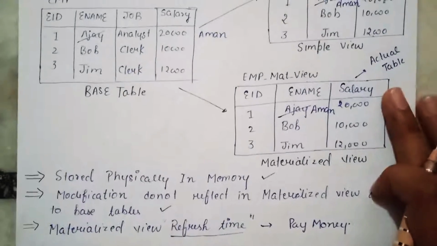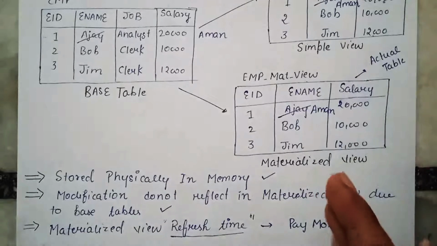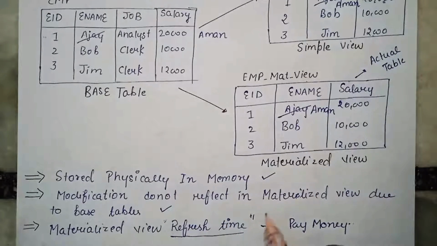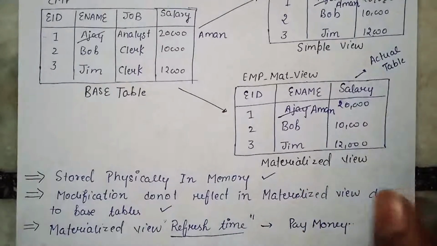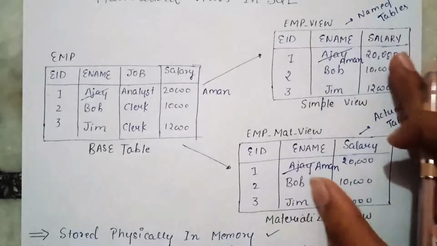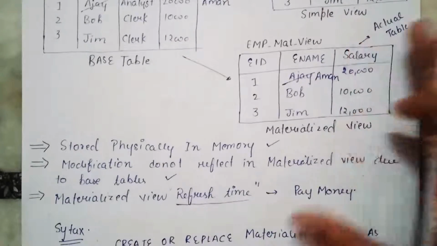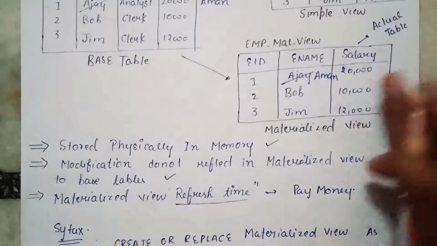If you want to create a join materialized view, it is also the same as creating join views; we just need to change the name of the view to materialized view. So this is all about what materialized views are, how they are different from simple views, and some key points one must remember while using materialized views.